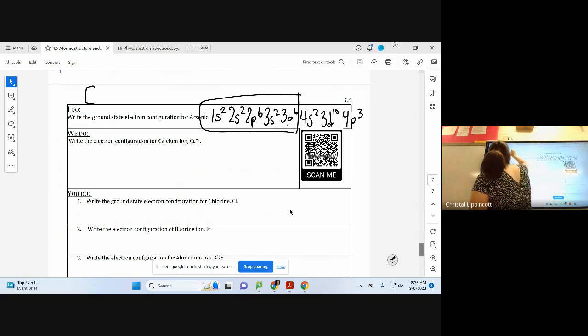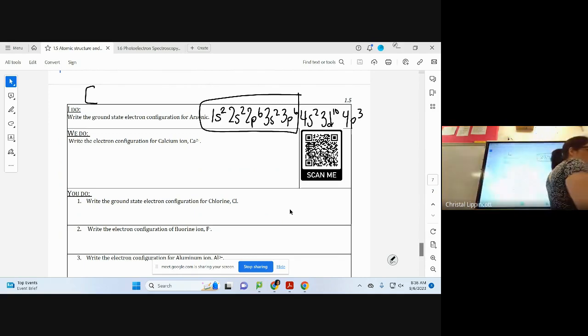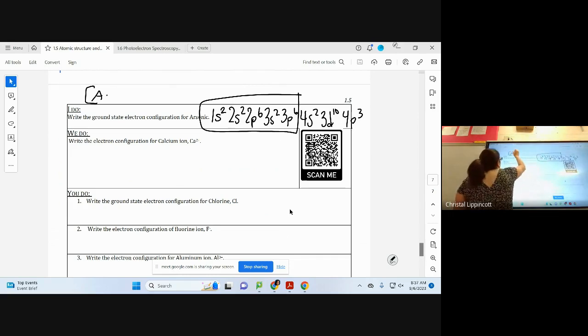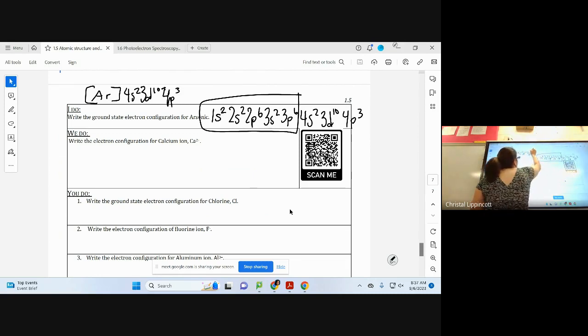So I would do a bracket. My previous noble gas would have been argon. So I would go Ar, and then 4s2, 3d10, 4p3. Remember that? Yeah. All right.